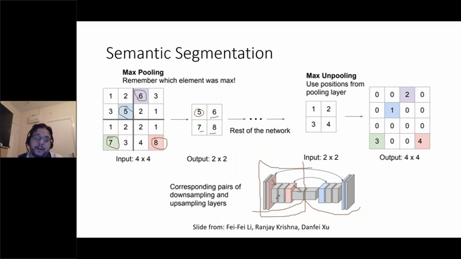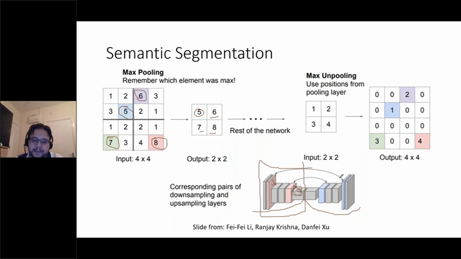It does just the opposite. Here we are detecting what complex shape we have, and here we are decoding it to know what every pixel is. So every layer has its counterpart layer.